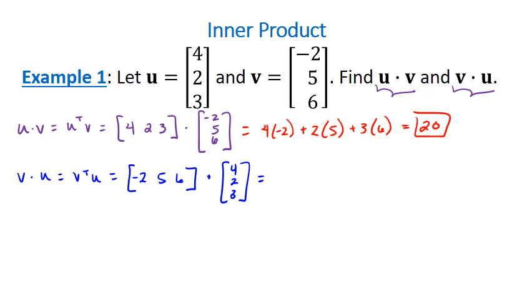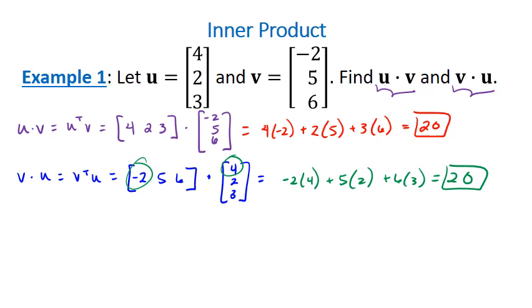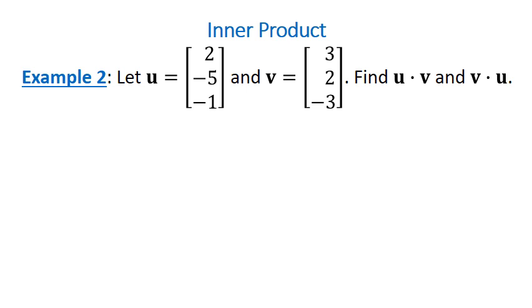If I multiply these two vectors, then I have -2 times 4 plus 5 times 2 plus 6 times 3, and this also equals 20. We will find that these dot products are commutative, and the inner product holds true for both of these. These are equivalent.